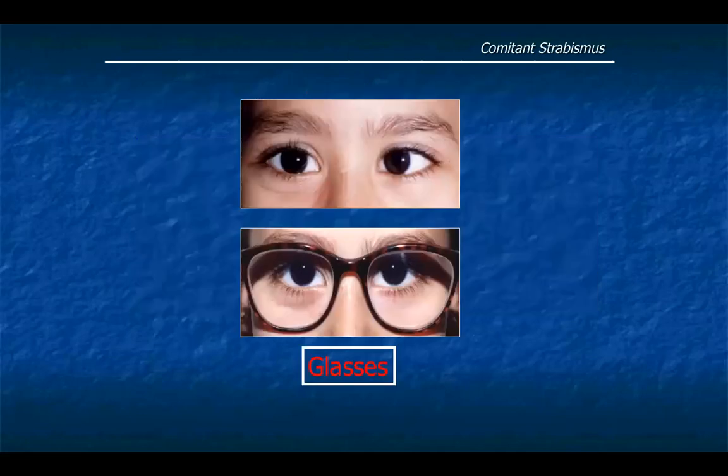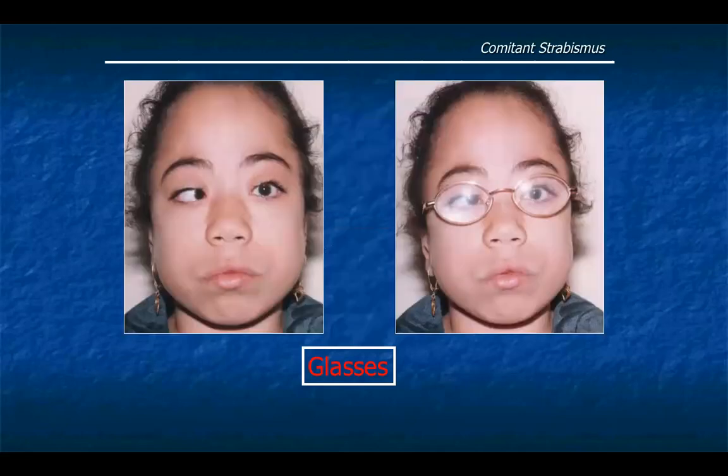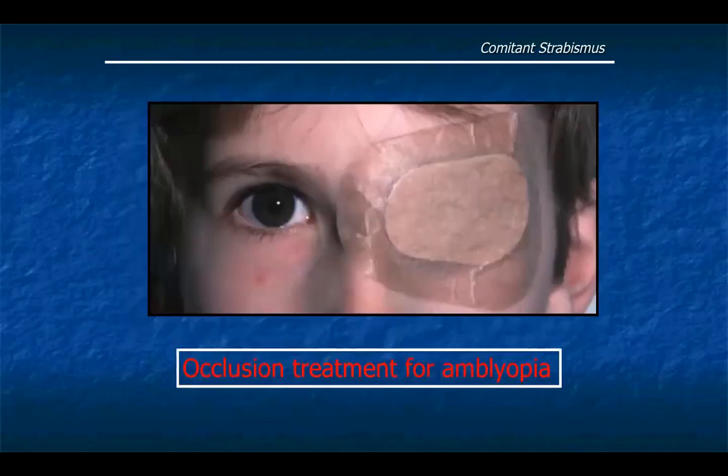This girl has a fully accommodative esotropia, which is fully corrected by glasses. So treatment is just glasses and no surgery is indicated. On the other hand, in this girl, glasses partially corrected her esotropia, so she needs glasses and surgery. This is patching of the sound eye for treatment of amblyopia.